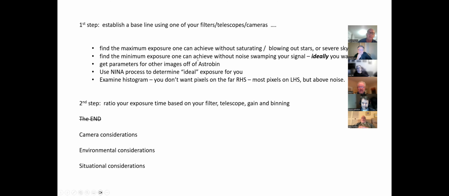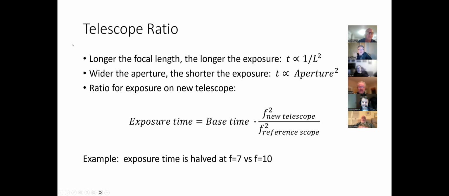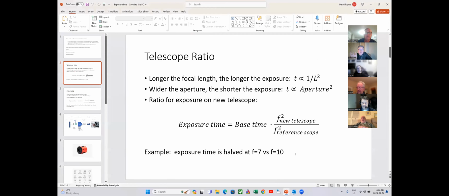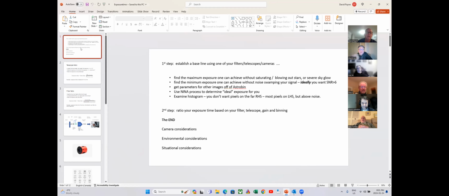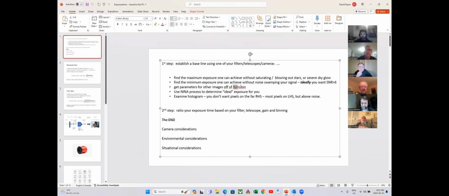I meant NINA. SharpCap does the same thing. Glover actually built that into SharpCap, and you can take some sample frames, and it'll give you some advice on the exposure. I figured NINA would do it as well, but I'm familiar with SharpCap's version. Oh no, I'm sorry, I was talking out of turn. I did mean Astrobin there.